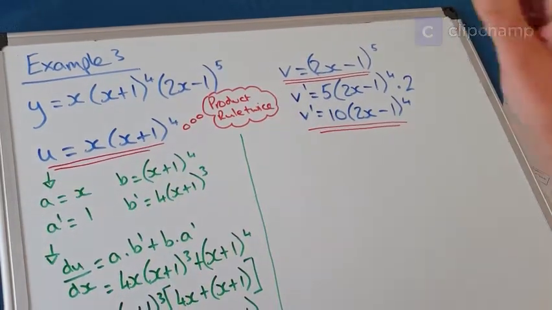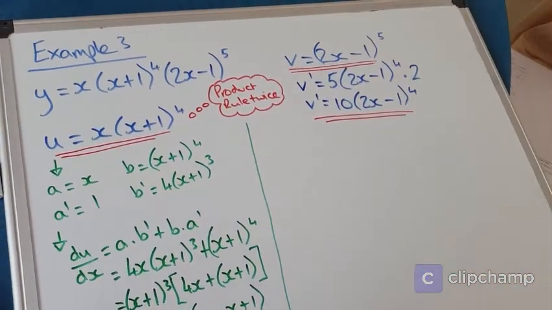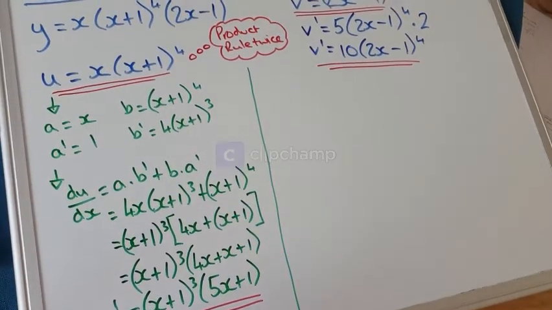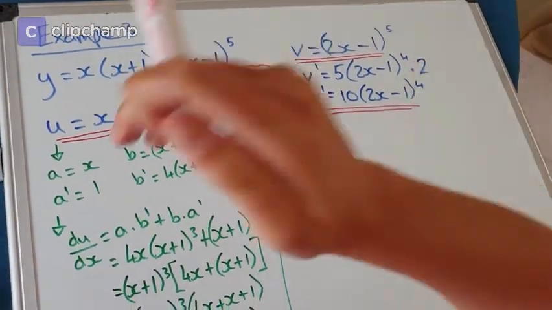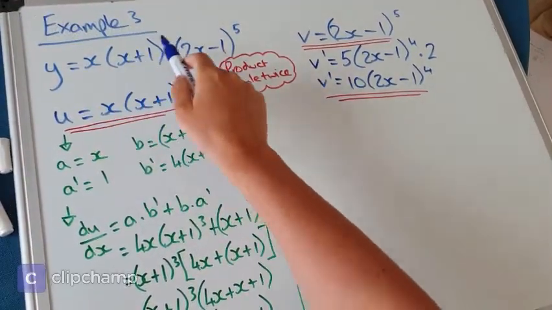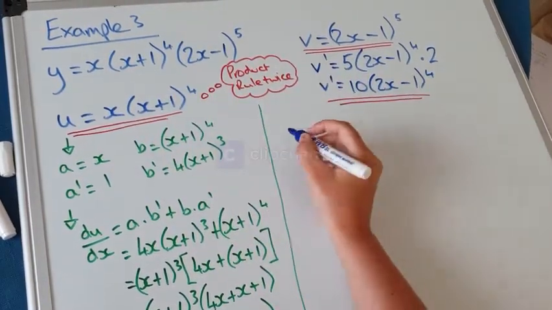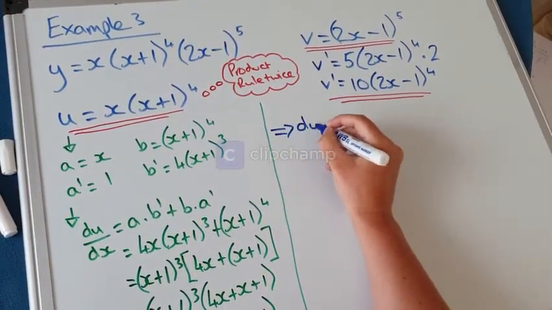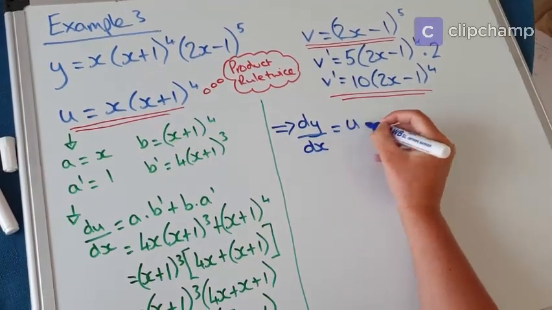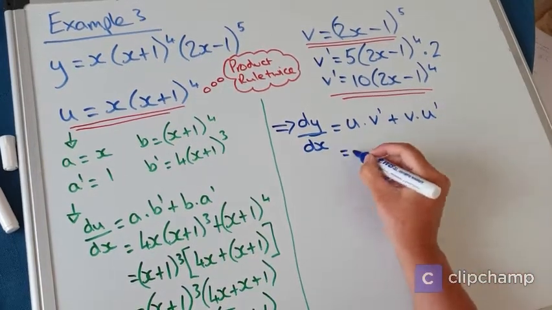Okay, so the ones which are double underlined here are the ones which we're going to use for our product rule now. Okay, so going back to what I originally wanted to differentiate, which was this y term here, we can say this implies dy by dx is equal to u dot v dash plus v dot u dashed.